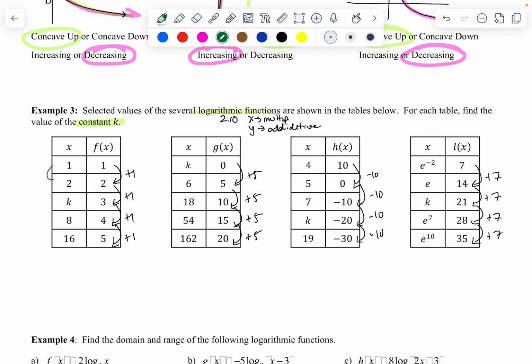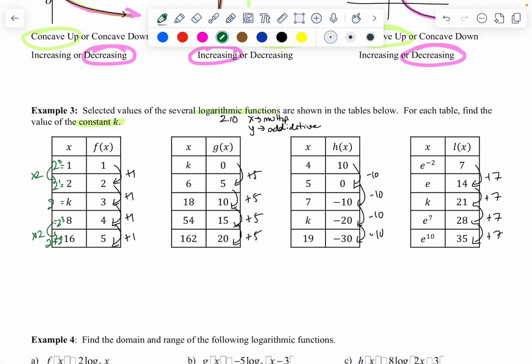So going from here to here, this is times 2. Going from here to here, this is times 2. So I have enough information to know that it's multiplicative of 2. So 2 to the 0 is giving me 1. 2 to the 1 is giving me my 2. This guy is 2 cubed. This guy is 2 to the 4th.